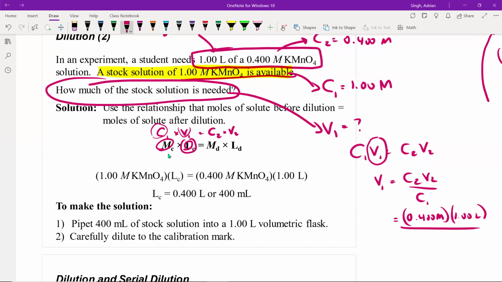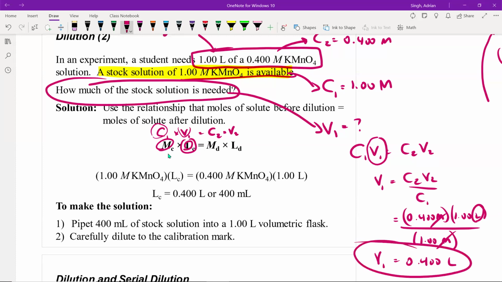Keep track of your units because this will confirm that you've done the algebra correctly. Divide that by 1.00 molar. Molarity cancels, and I end up with liters as the only unit. Makes sense, I'm trying to find a volume. And that would be 0.400 liters as my volume that I need of that stock solution.